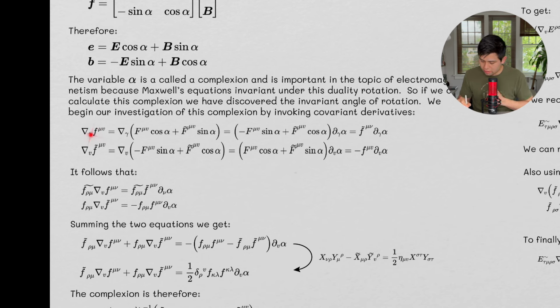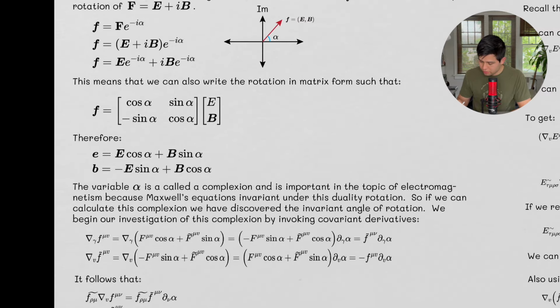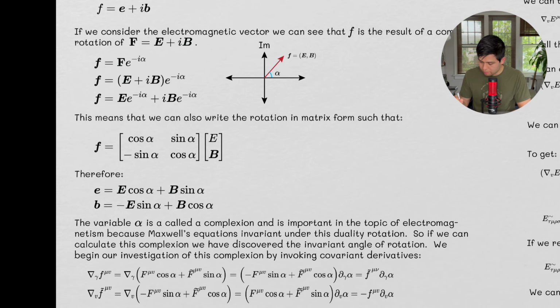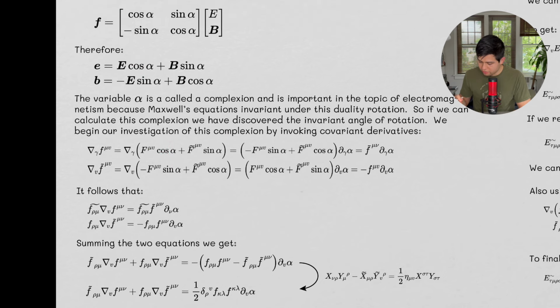We can take the covariant derivative here with respect to gamma, and when we do that, we can construe F mu nu as the rotated form of big F mu nu, as we've talked about up here. Big F is this one. So this is just a rotated form. We have cosine alpha, sine alpha. Here's a cosine alpha and sine alpha.